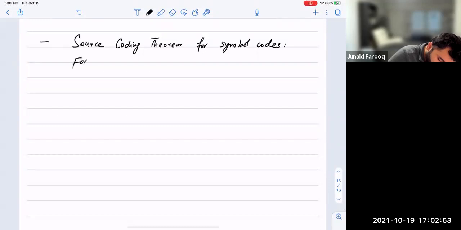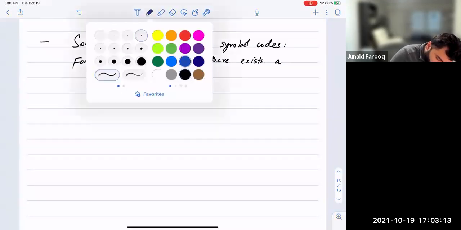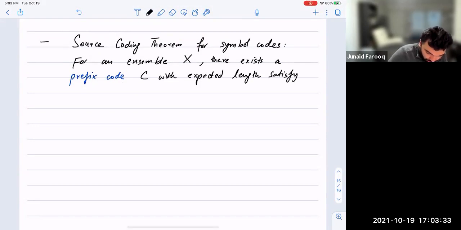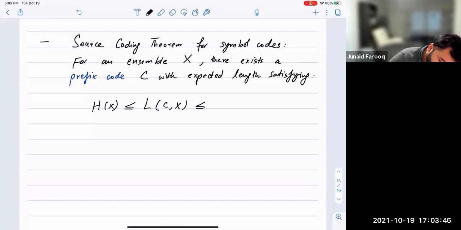It says that for an ensemble X, there exists a prefix code C with expected length satisfying L(C,X) bigger than or equal to H(X) and less than H(X) plus 1.